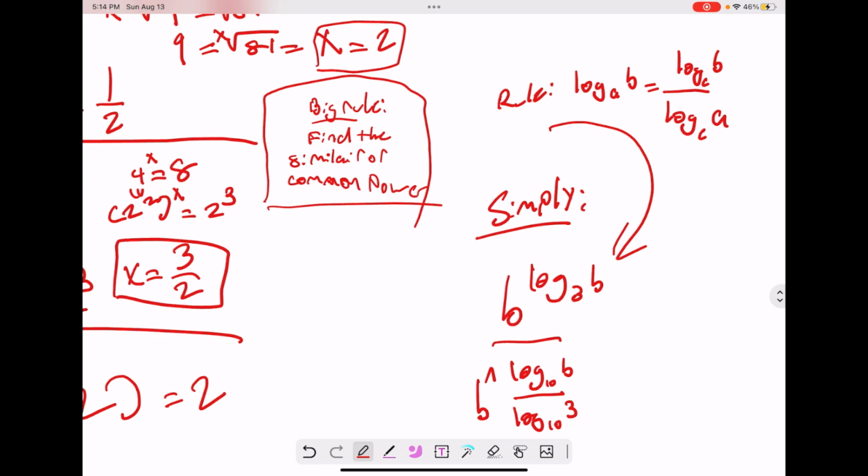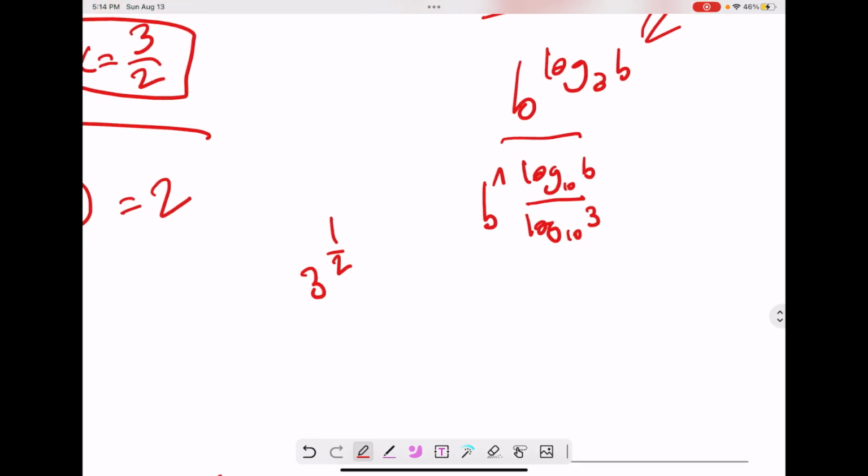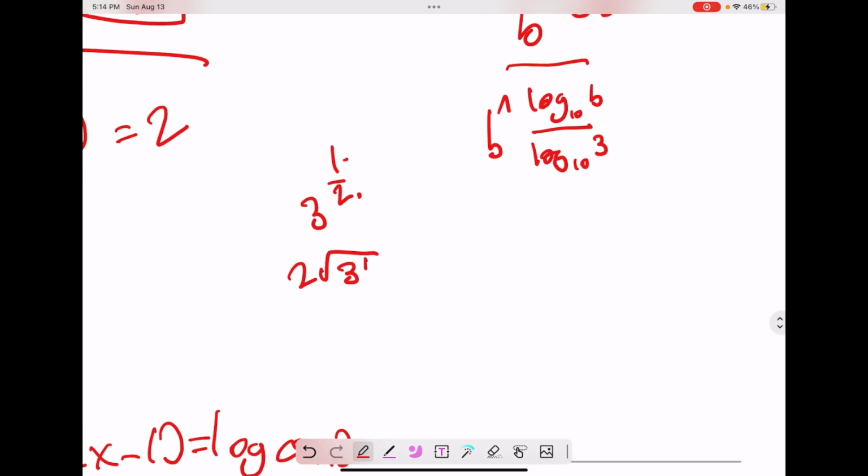Whenever we have a number to a fractional exponent, we take the bottom, or the denominator, and that's going to be the root value. The numerator is the power to which the original number is put.